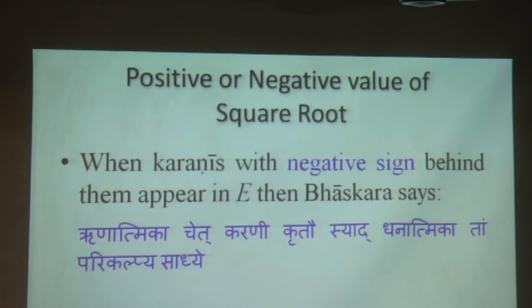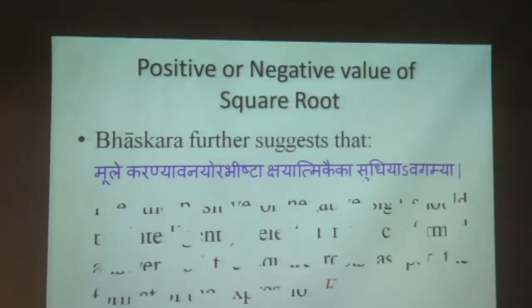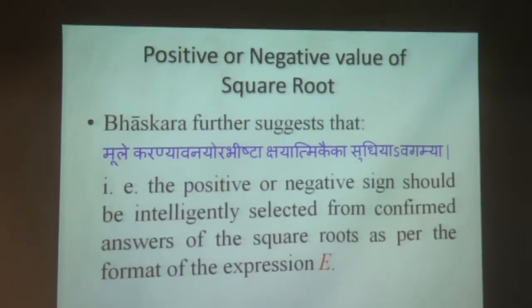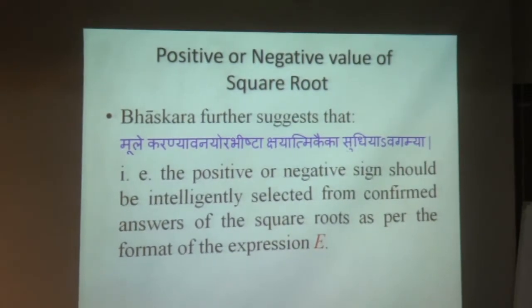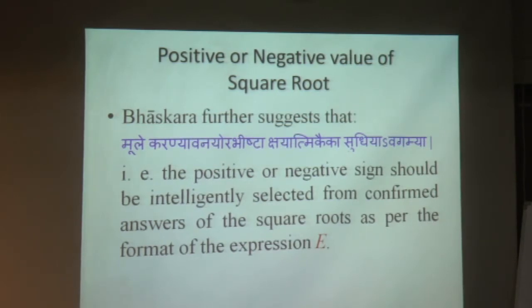Consider them as positive values, follow the procedure, and the last warning after following the procedure is how to write an answer. Because if I have minus root 8 in my original expression, then the square root must contain at least one term with minus. Then how to decide which term is minus? For that, Bhaskara has given a very cute answer.